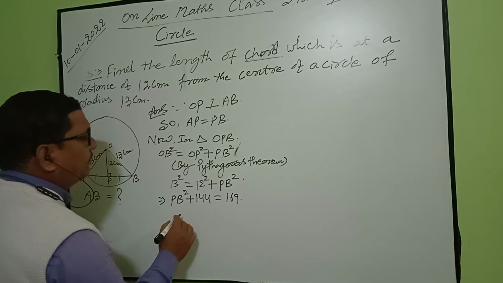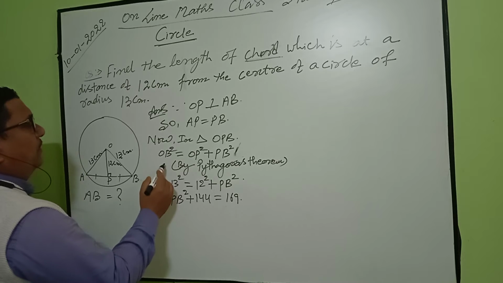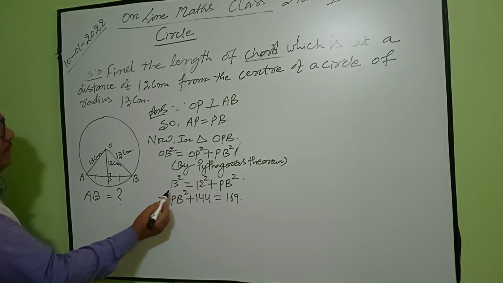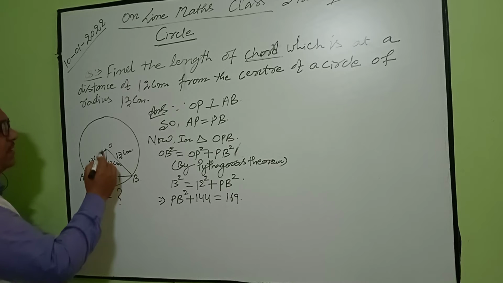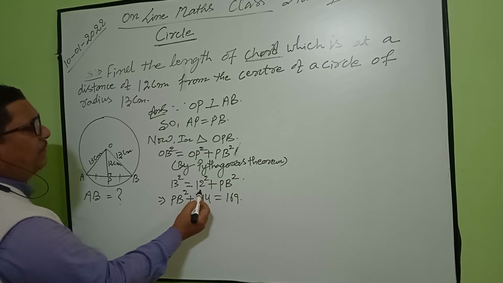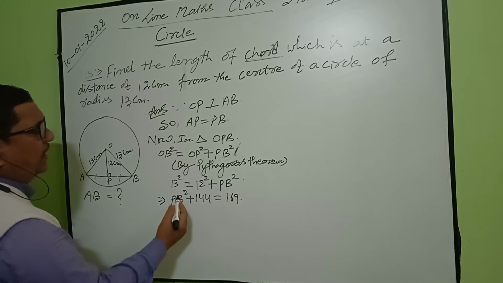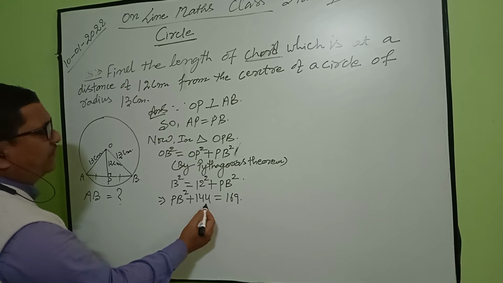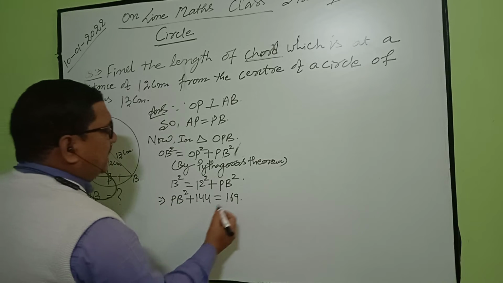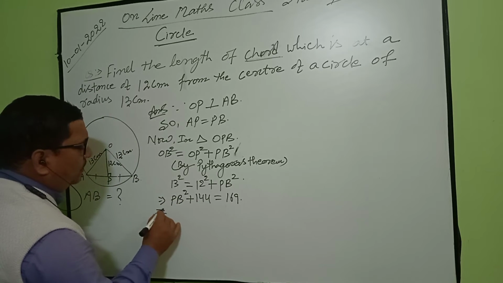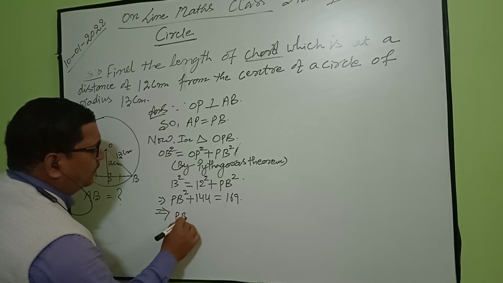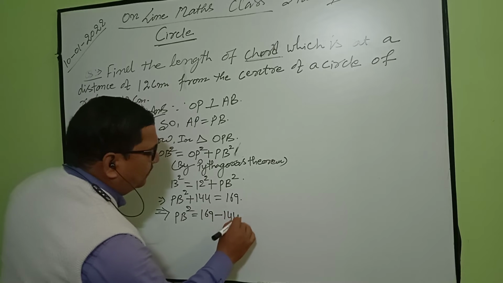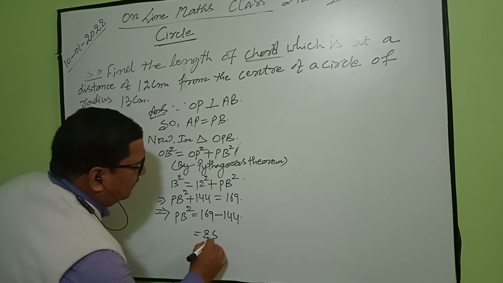The length of OB is 13, and in place of OP we will write 12, plus PB square. Now PB square plus the square of 12, which is 144, equals 169. Now PB square equals 169 minus 144, it becomes 25.